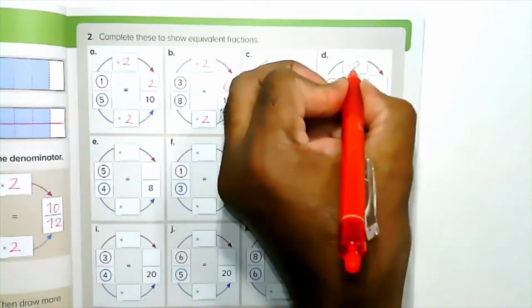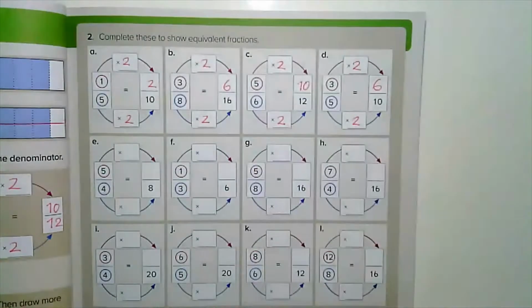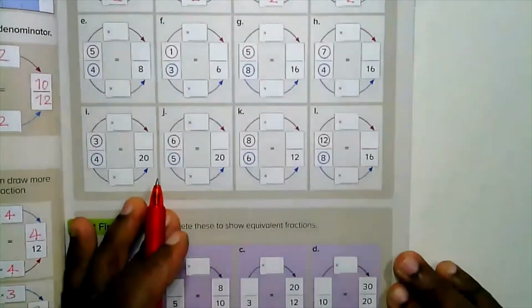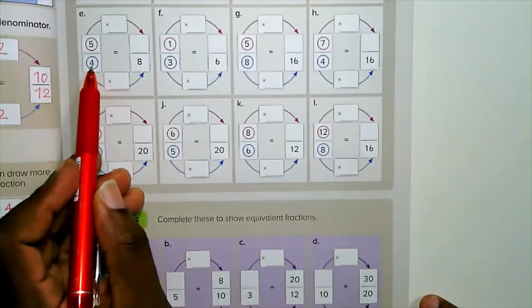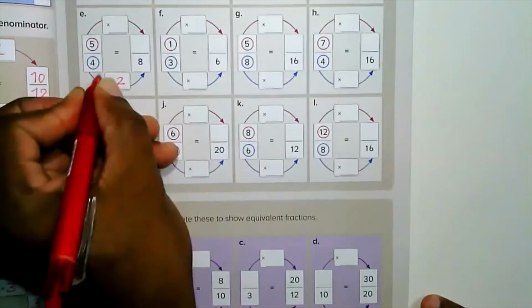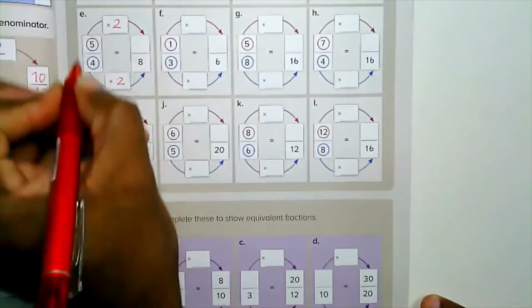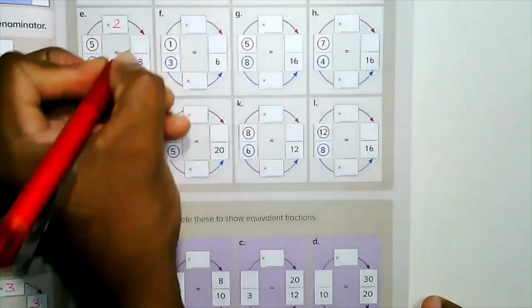Now we use the same. 3 times 2, 6. Next. What can we multiply by 4 that will give us 8? That is 2. 4 times 2, 8. So we use the same 2 to multiply the numerator. 5 times 2 is 10.